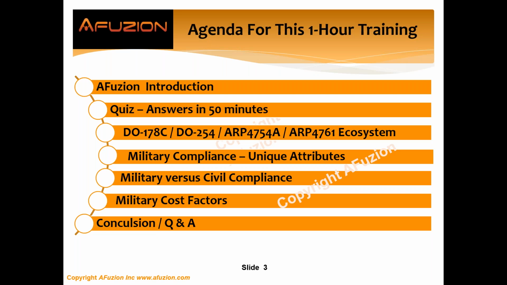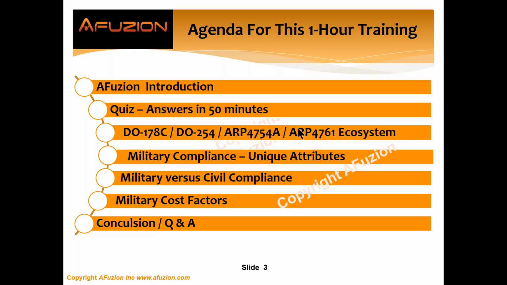We want to show you what the differences are with civil aviation versus military, and then move on to military compliance, unique attributes, military versus civil, and then cost factors. At the end, we're going to have time for Q&A for you. So with that, let's begin.